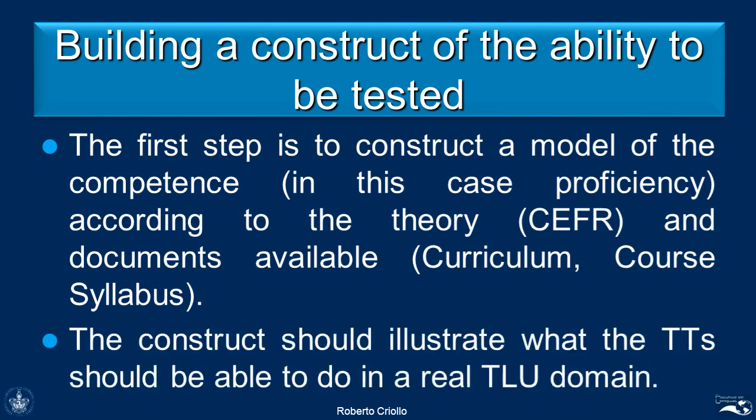The construct that we design has to illustrate what the test taker should be able to do in a real target language use domain. That means the model, the construct, shows what we want the students to be able to do at the end, because that is the thing that we are going to test.